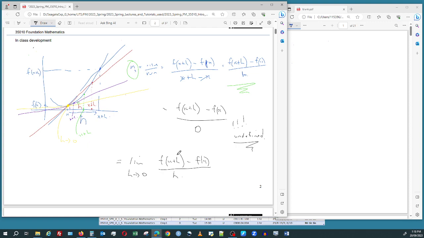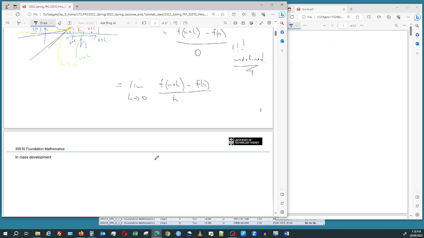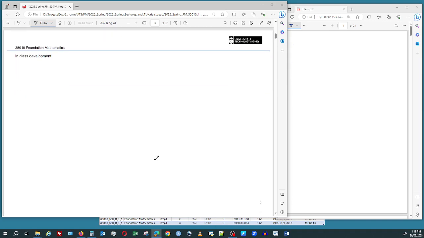So we can do an application of this. Let's do y is equal to x squared. So the gradient is going to be the rise over the run, first principles, f of x plus h minus f of x over h.